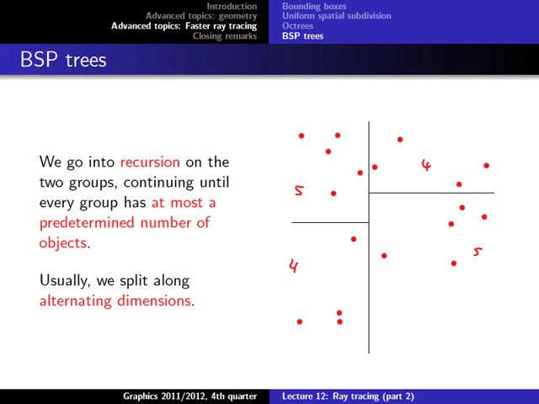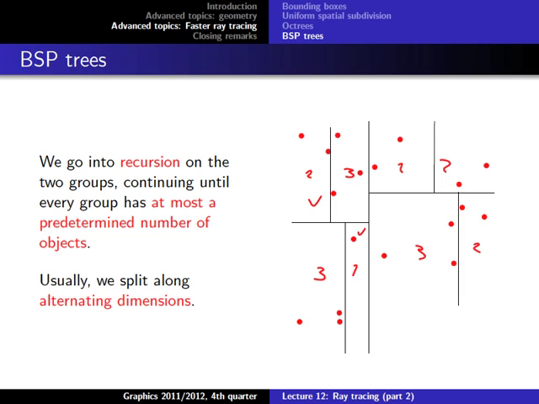And then again we have 4 subspaces which have more objects than our condition, which is maximum 2 objects. So we do again a split. Now we split again vertically. So we have here 2, 3, 2, 2, 2, 3, 1, 3. And then we see that these here already fulfill our condition, so we don't have to do further splits here, but we do further splits with the 2 others.